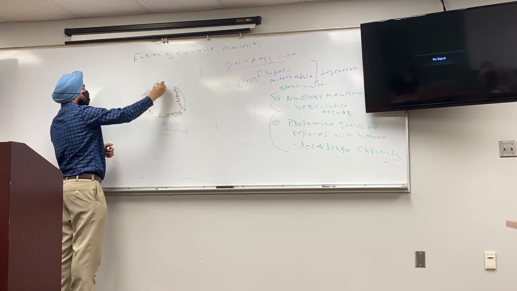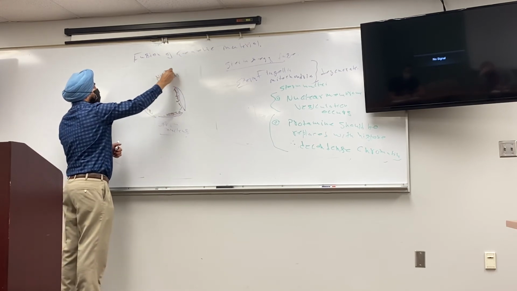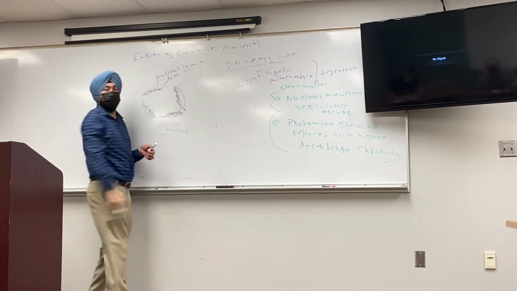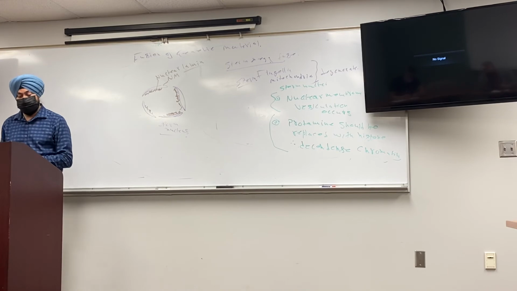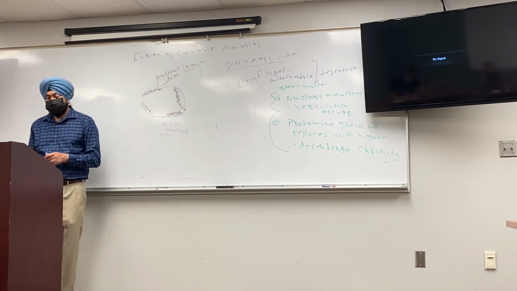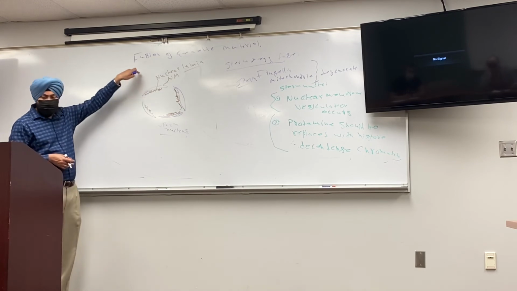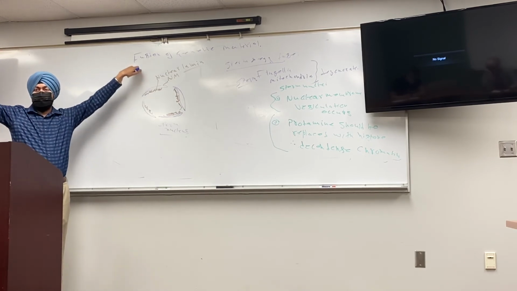This is the nuclear membrane, right? And this is the nuclear lamin. Lamin proteins are there, which are intermediate proteins, we know this thing. And what happened is that when the calcium gets in, this is all done by calcium, right?